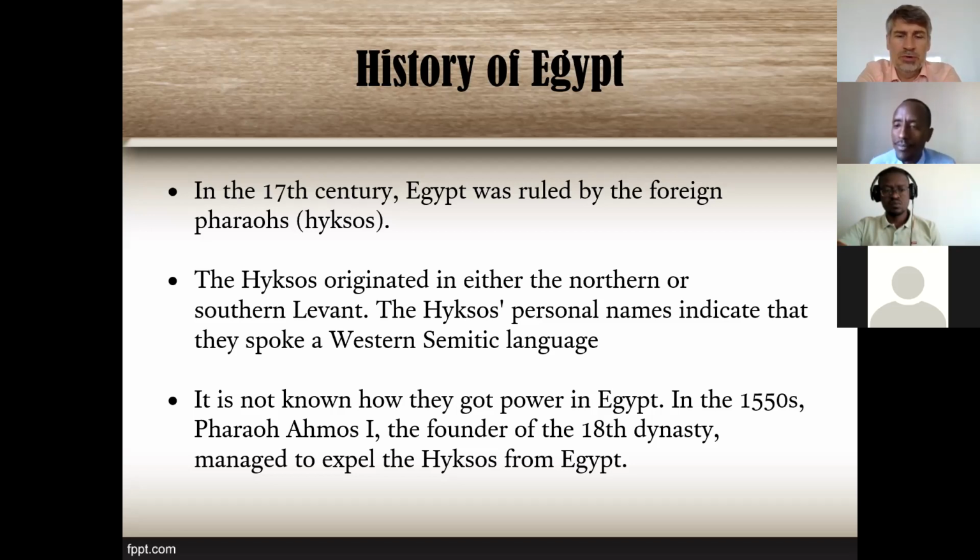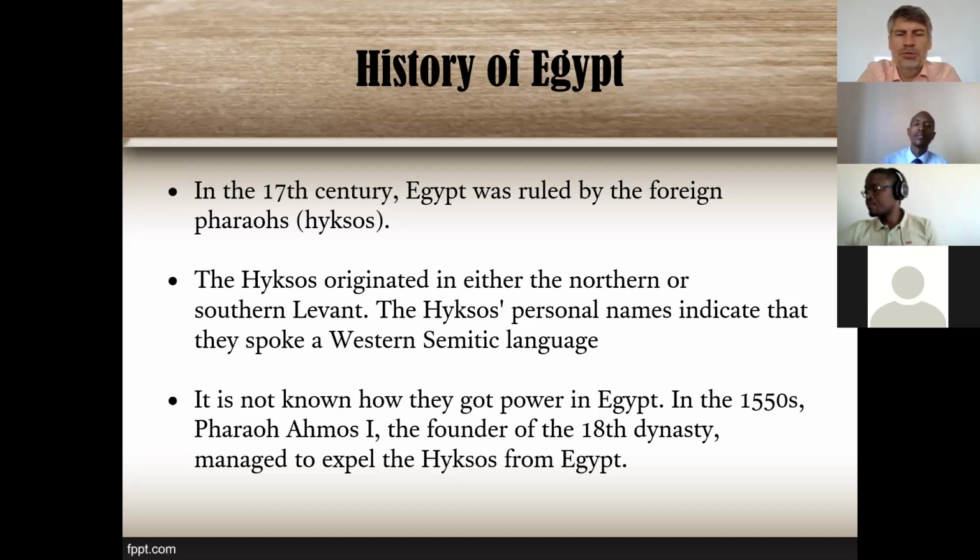They ruled in Egypt not for a long time. We know that in the 1550s, Pharaoh Ahmose I expelled the Hyksos from Egypt, and they went to Canaan. In Canaan there was a city called Sharuhen, and they went to this city, and Ahmose I besieged it and tried to destroy them completely.